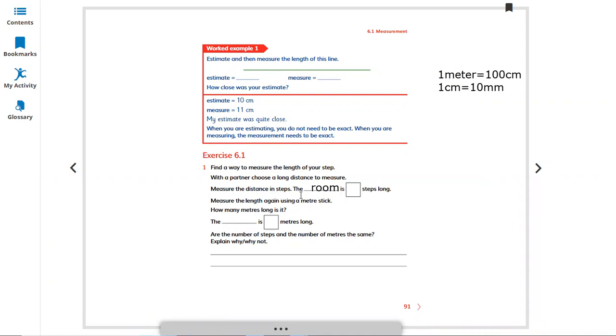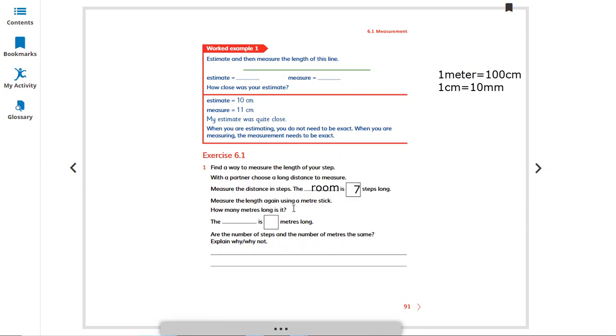Mostly one step is half of a meter, or 50 centimeter or 40 centimeter. So less than, you can say, half of a meter. Let's assume it's half of a meter. So the room is how many steps? Maybe 7, 6, 7, 8. So we just write here 7 steps long.